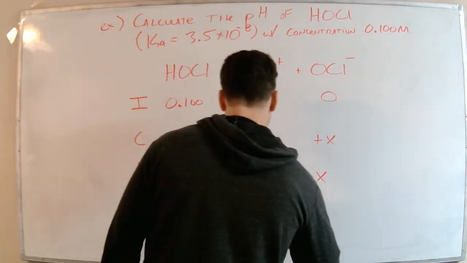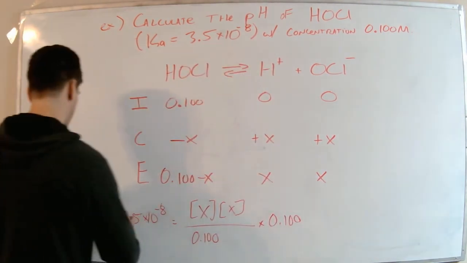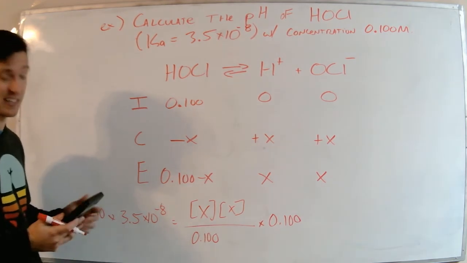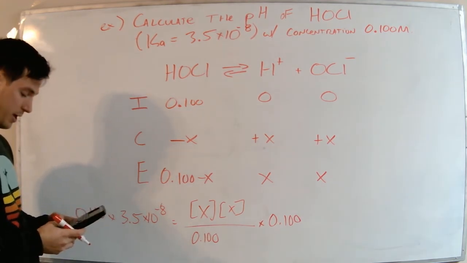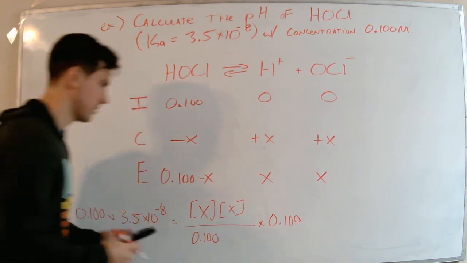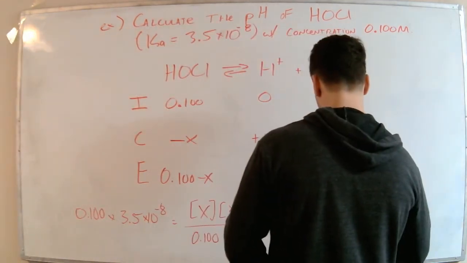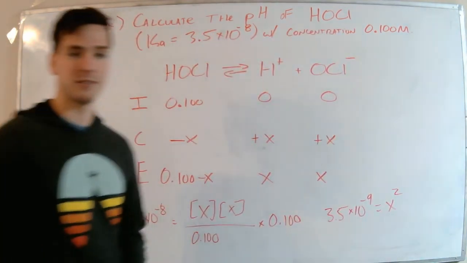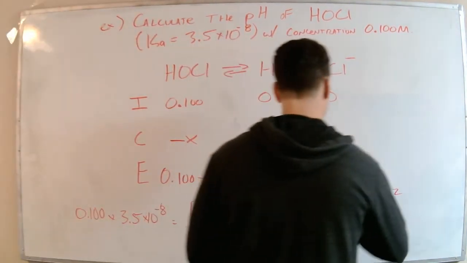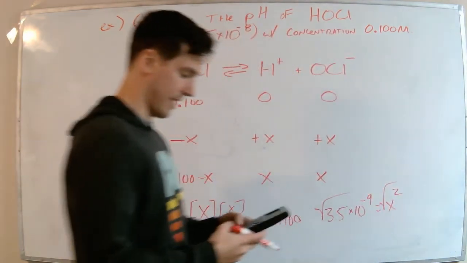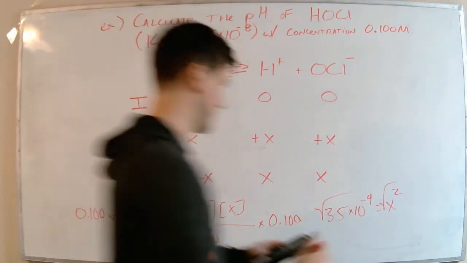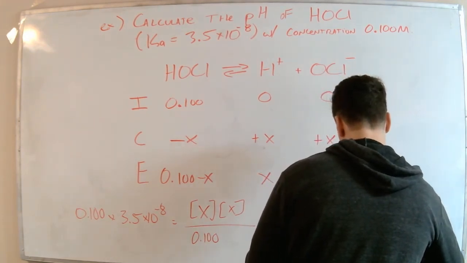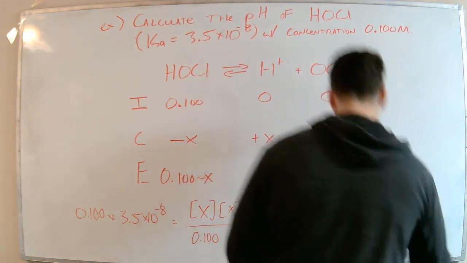I'm going to multiply by 0.100 on both sides. All right, and then I know x times x equals x squared. So I'm going to end up with 3.5 times 10 to the negative 9th equals x squared. I'm going to square root both sides and get x equals 5.92 times 10 to the negative 5th.